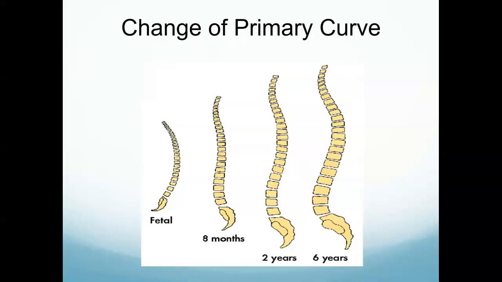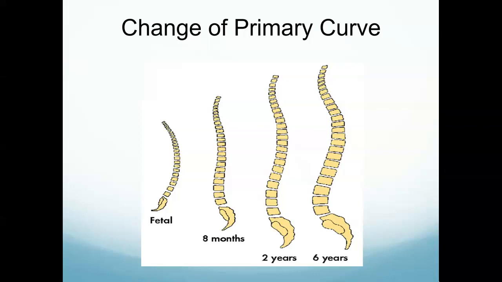That is considered a primary curvature, and that primary curvature is a kyphotic curve. The other 2 curvatures, of the cervical and lumbar, become more prominent as we develop, and those would be the lordotic curve.